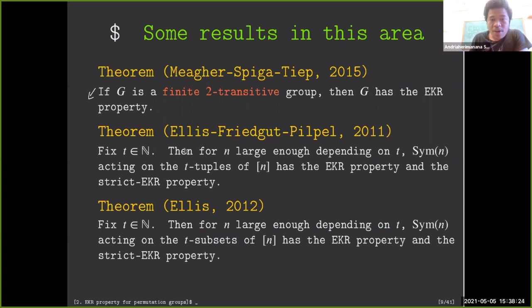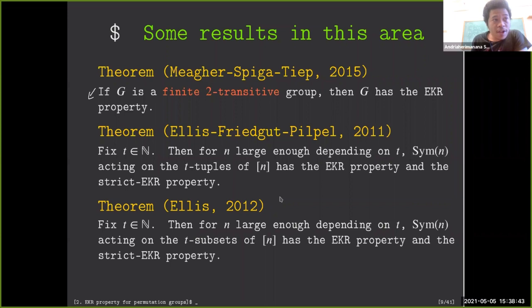So in 2011, Ellis, Friedgut, and Pilpel proved that if you fix t in the natural numbers, then for n large, depending on t, the action of Sym(n) on the t-tuples of n has the EKR property and the strict EKR property.